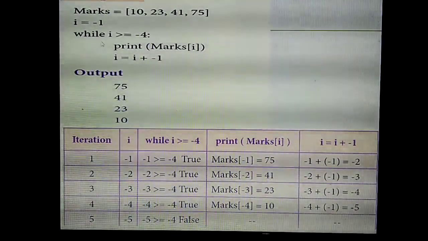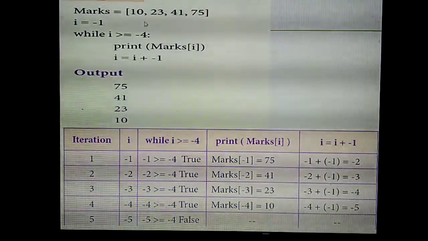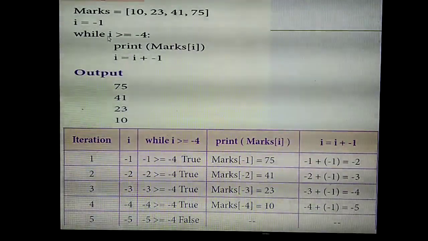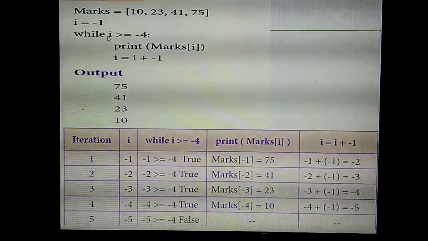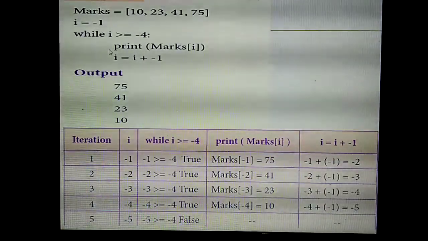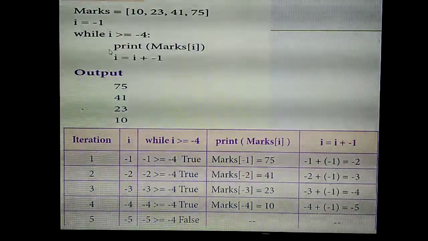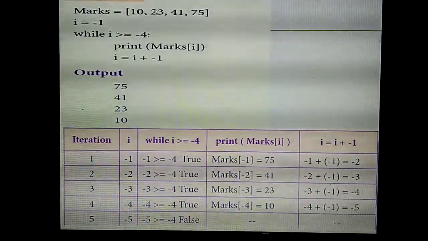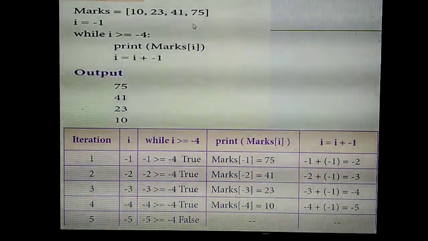Next, you need to print all the elements inside the list. To do that you need a loop, so we write a while loop. While i, how many elements are there? 1, 2, 3, 4. Listen carefully.